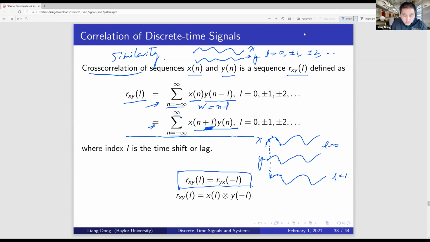With this summation, if we look at it closely, we find it very much like the convolution we had before. Do you remember what the convolution of two signals is? If I convolve x n with y, how do you write it here? Y of L minus n, and then I have the sum over n.